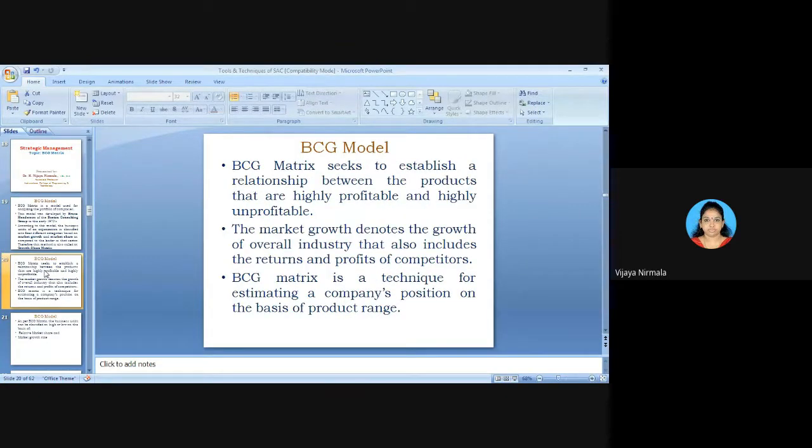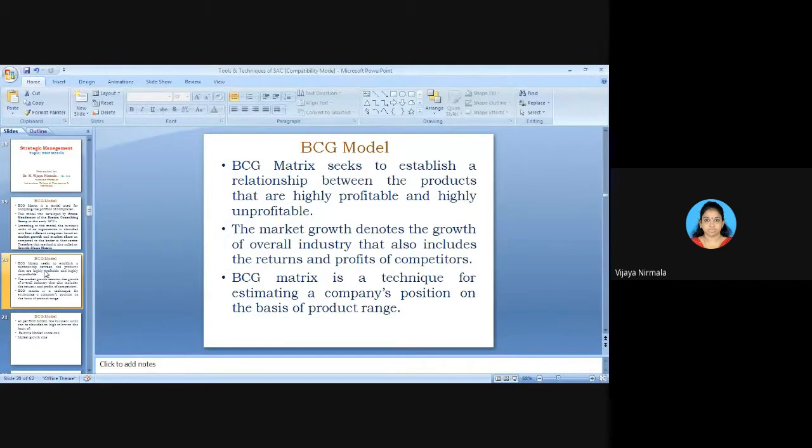This BCG matrix tries to establish a relationship between the products or business units which are highly profitable and which are highly unprofitable. Highly profitable means those which generate cash.